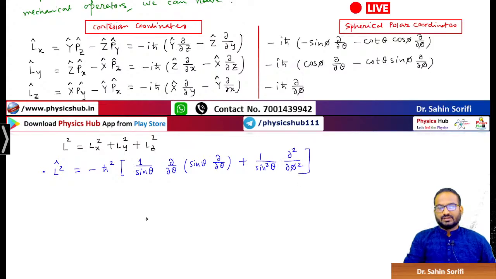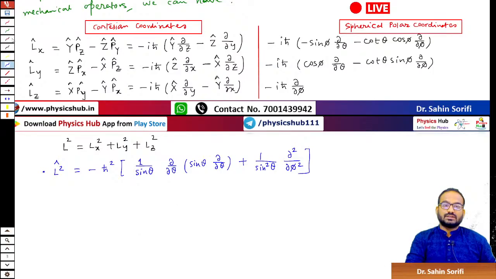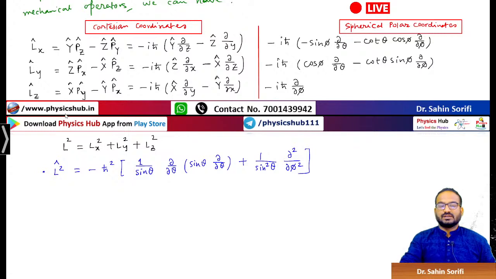So look, in the discussion of angular momentum, we need to mainly focus on two things. One is L square, another one is Lz. These two things are very important. Okay, L square and Lz.